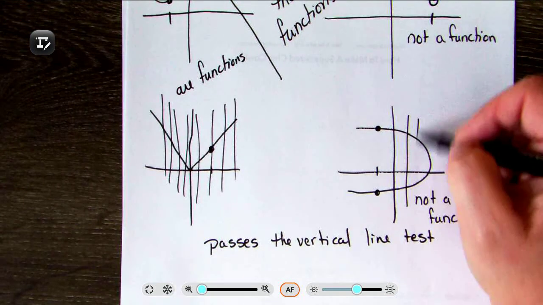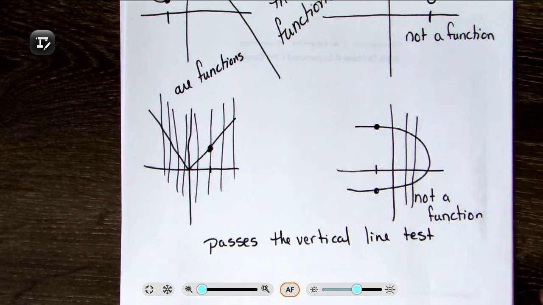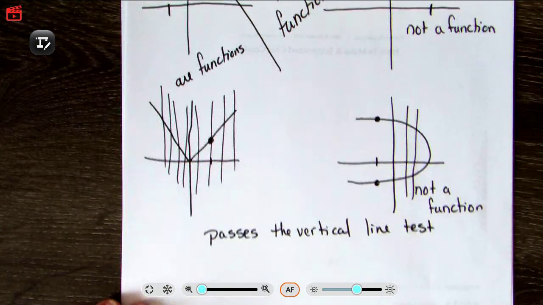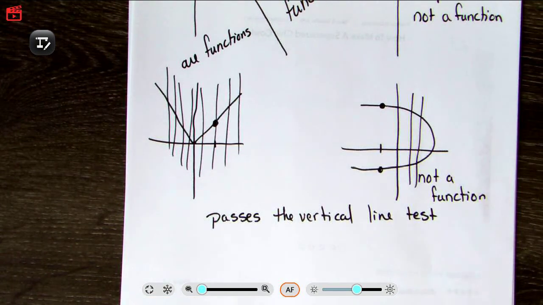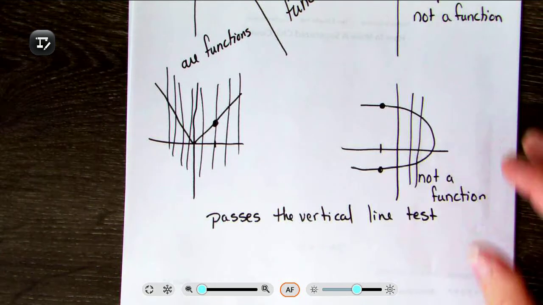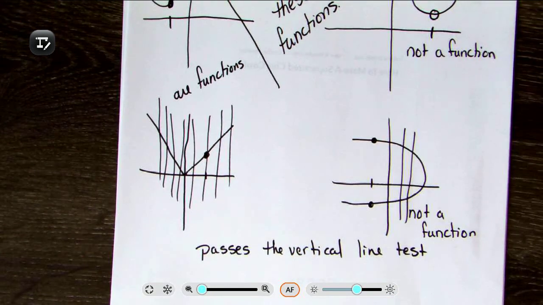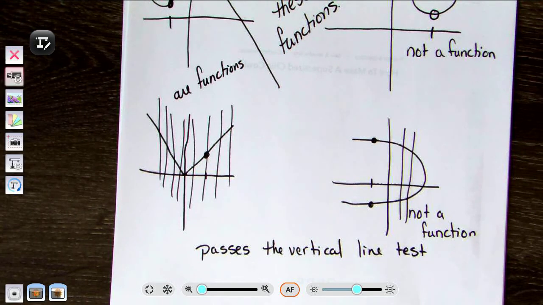Here, they pass more than one time, so it is not a function. So that's an easy way to tell if a picture or a graph represents a function. I'm going to stop this video right now.